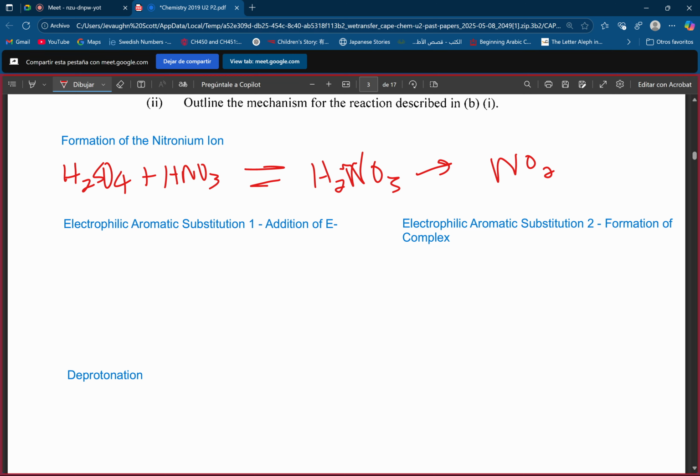Our nitronium ion is going to be positively charged. Have that there. So now we first start off with our benzene. This is terrible, by the way, terrible drawing. We start off with our benzene, and we're going to have our nitronium ion first of all.